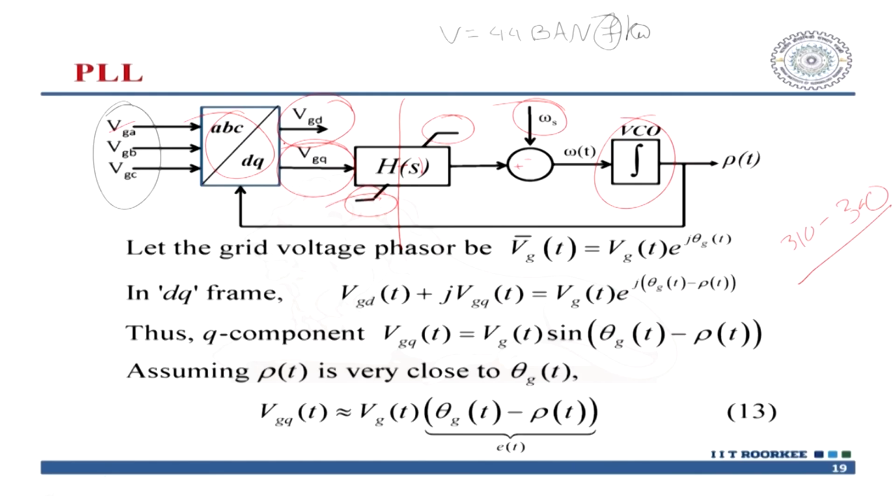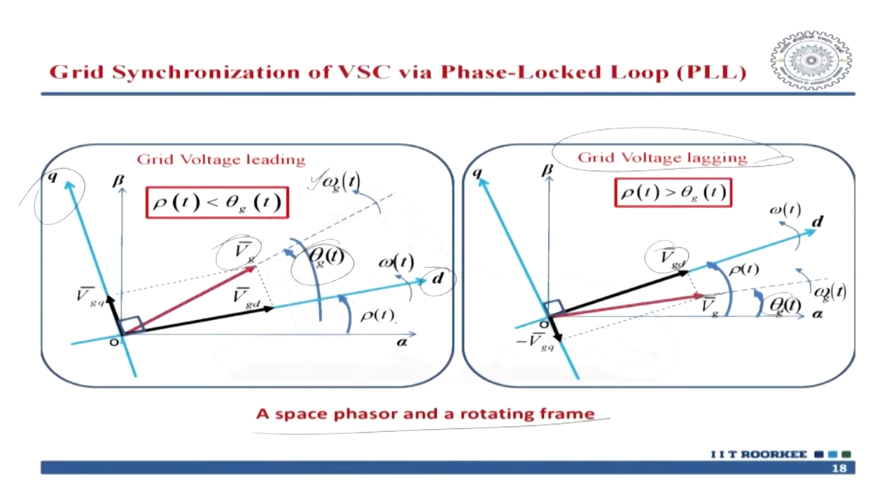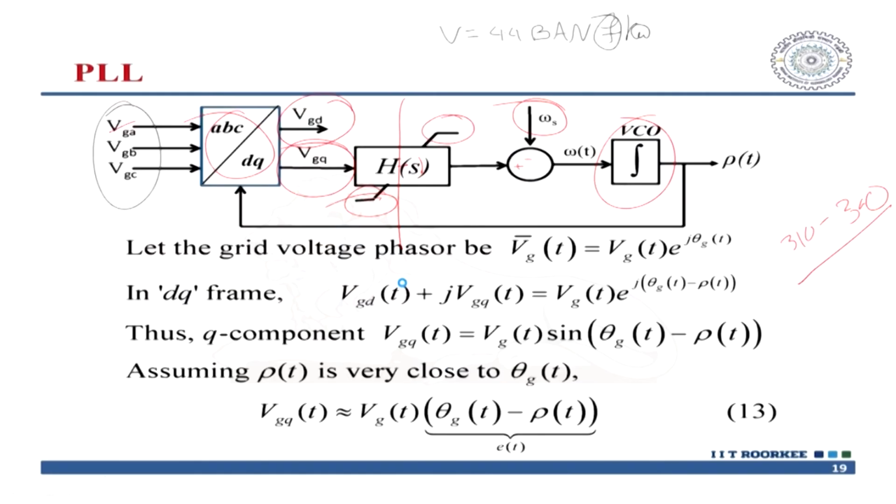If it matches, then if you go back to the slides, this will not have a lagging problem. Ultimately this G and this D will march together. This is the purpose of this PLL.